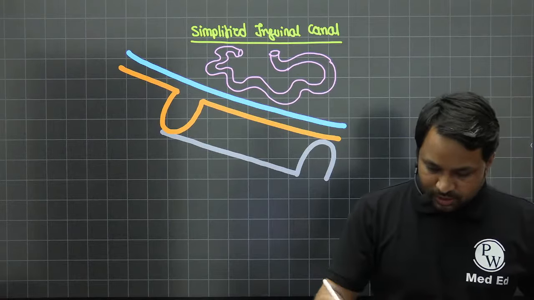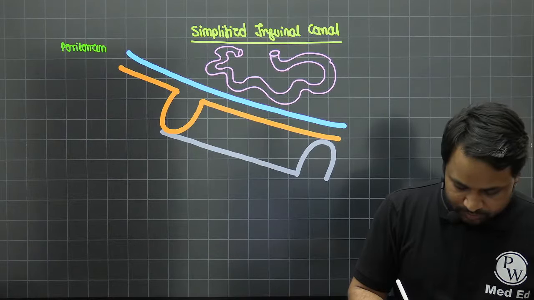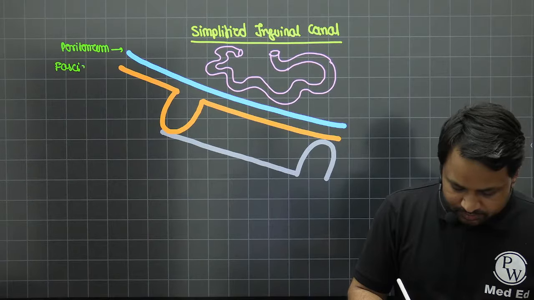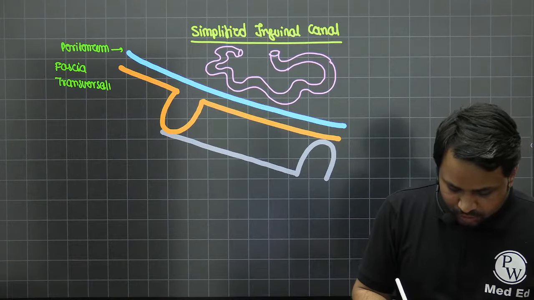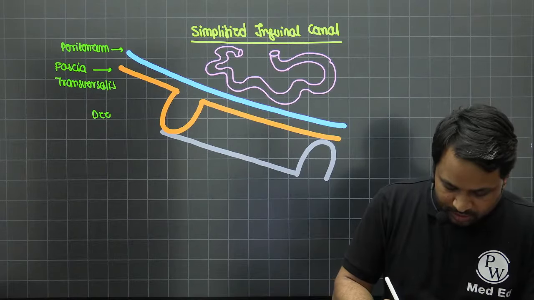So what are the layers you have? The innermost is going to be peritoneum. Then this is your fascia transversalis. This is your deep inguinal ring.